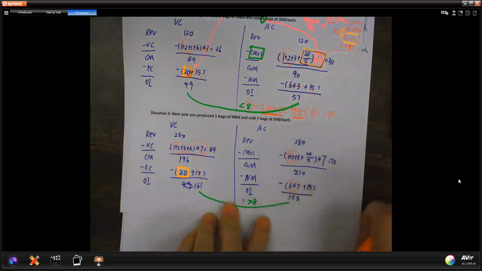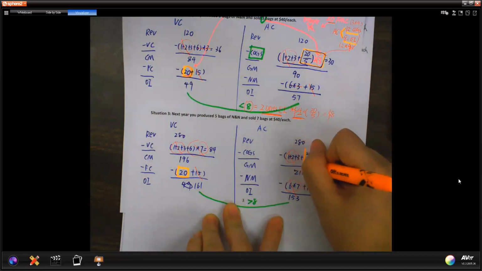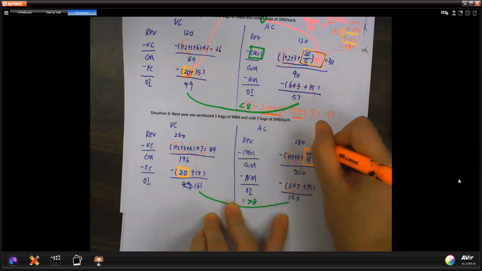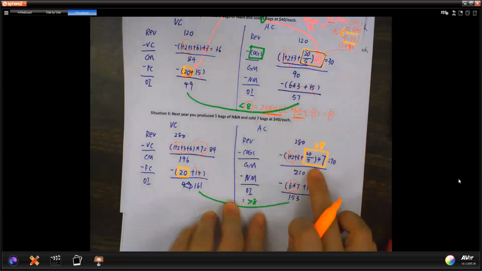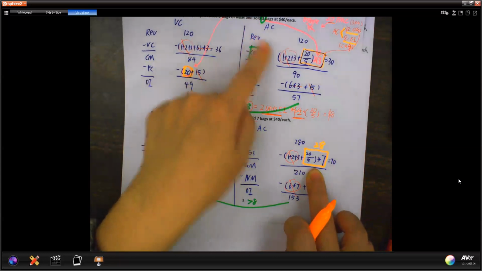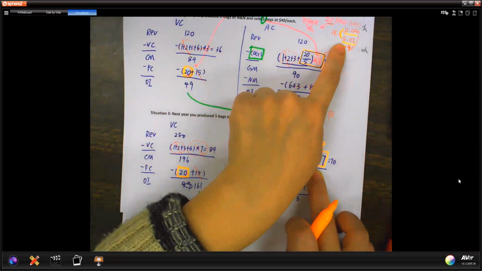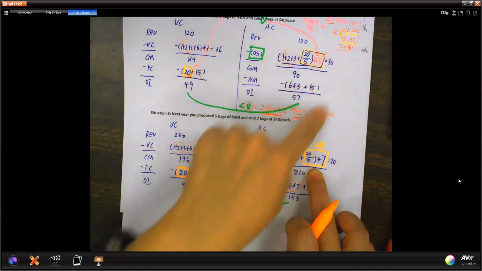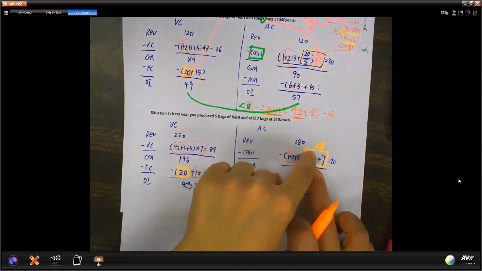But here, you subtracted 28 because remember, you sold 7 units, right? This time you only produced 5, so you borrowed 2 from your last time. Remember, last time, you had $8 deferred. Now this time, we go to your cost of goods sold.